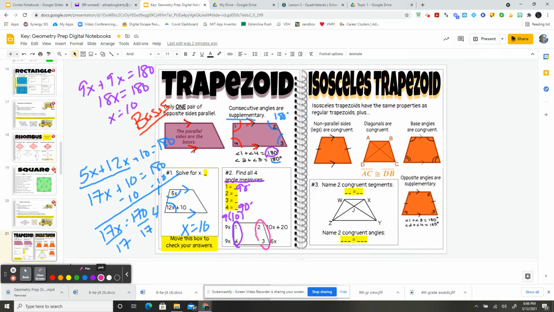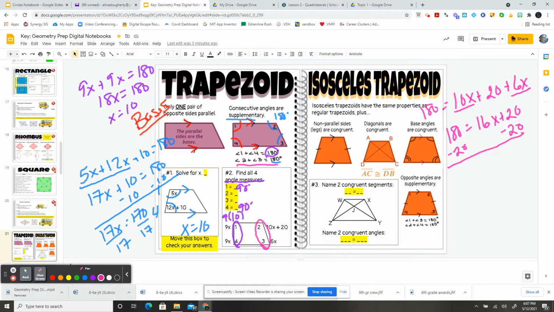Then angle 2 and angle 3 should add up to 180 degrees. So I can do 10x plus 20 plus 6x equals 180. Again, we're going to combine our like terms. So 10x and 6x, 180 equals 16x plus 20. Subtract 20 from both sides.